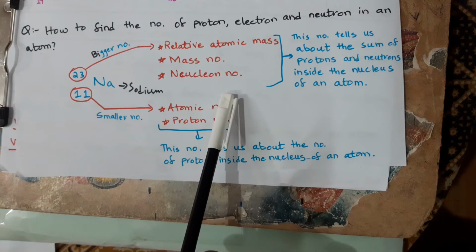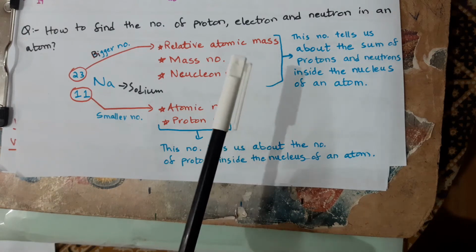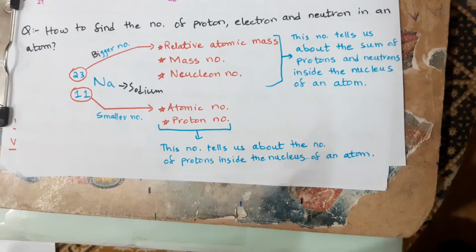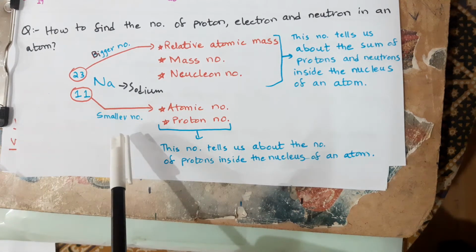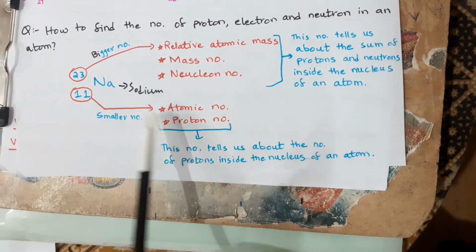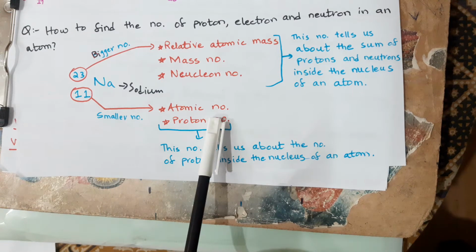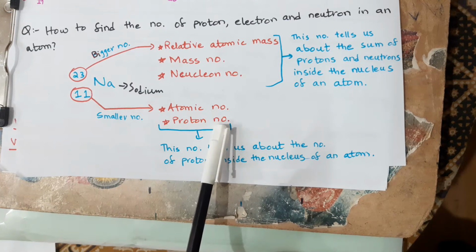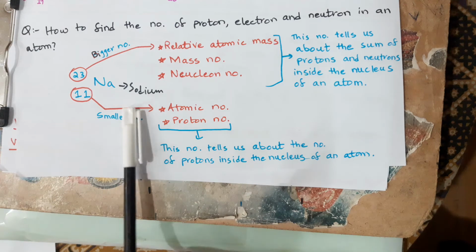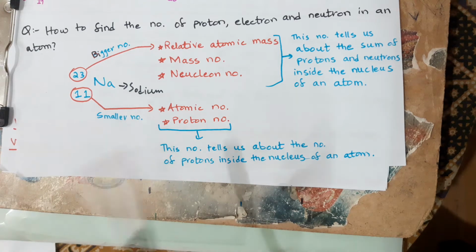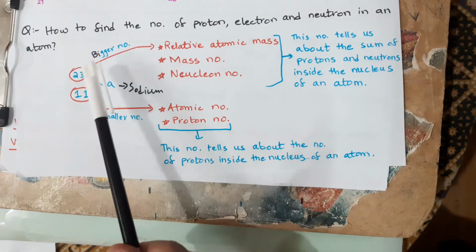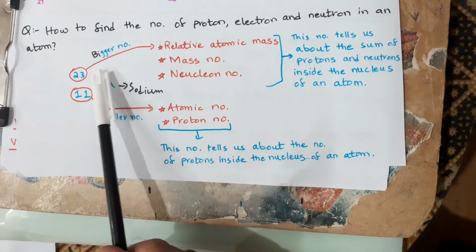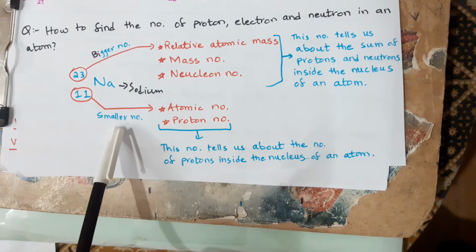The examiner can use all these three words. And over here 11 is the atomic number or proton number of the element sodium. And you must know that this mass number is usually bigger than the atomic number.